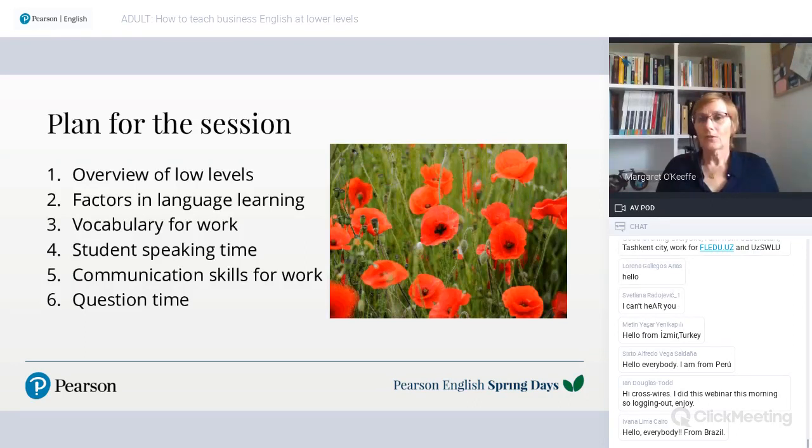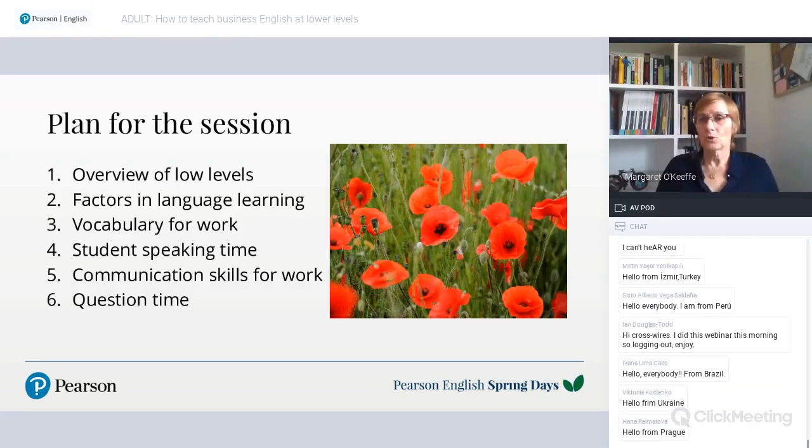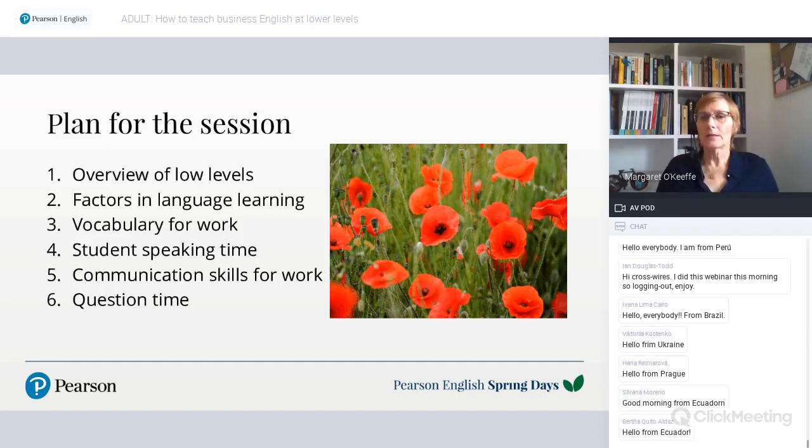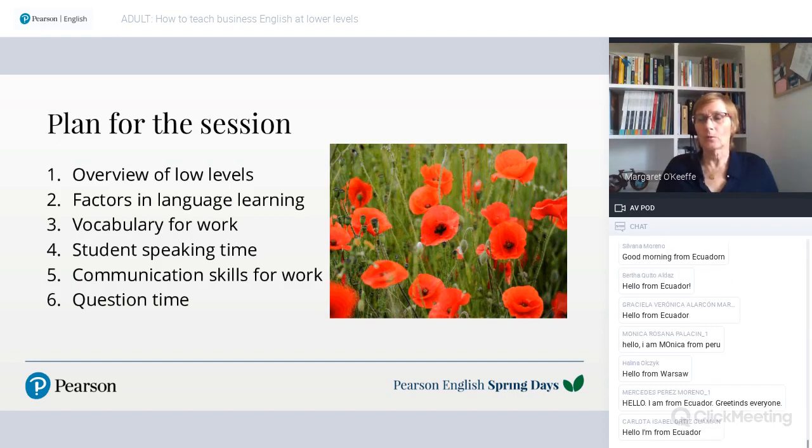Then we're going to look at the type of vocabulary that students need for work. And we're going to look at how we can maximize student speaking time in the class, even at these very low levels. And we're going to look at how we can help students with their communication skills for work by providing support and scaffolding. And then, as Richard said, at the end, we'll leave time for questions.